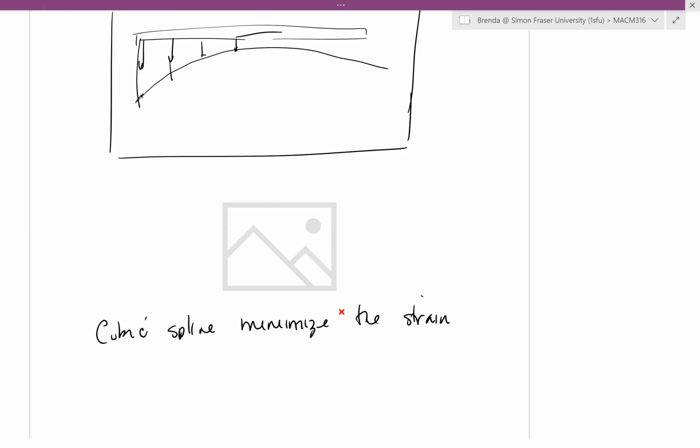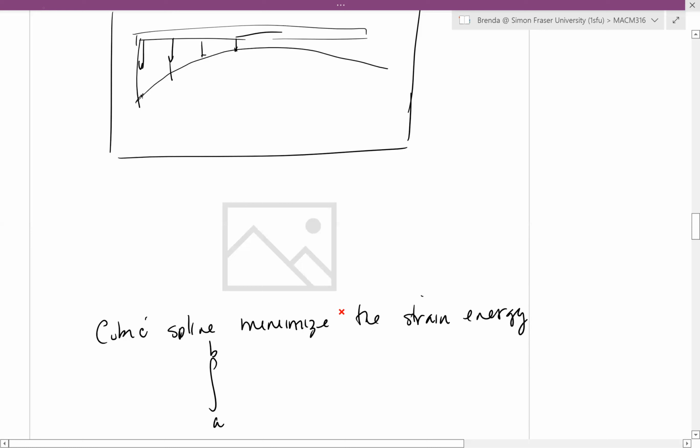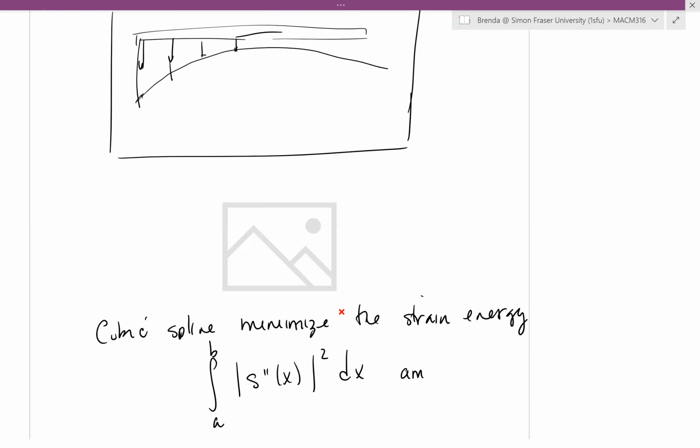So this is a physics thing. I'm not going to test you on it, but what you want to realize is that physically this is a certain type of function: the strain energy, amongst all C2 curves.